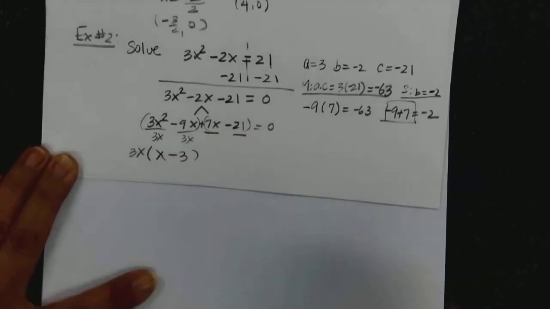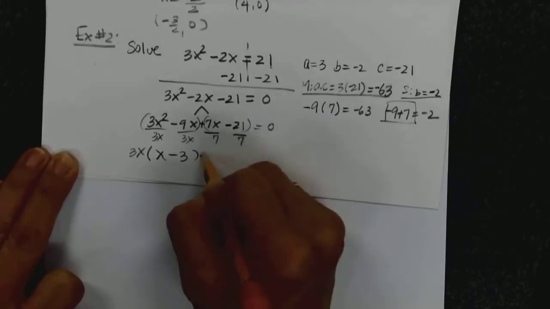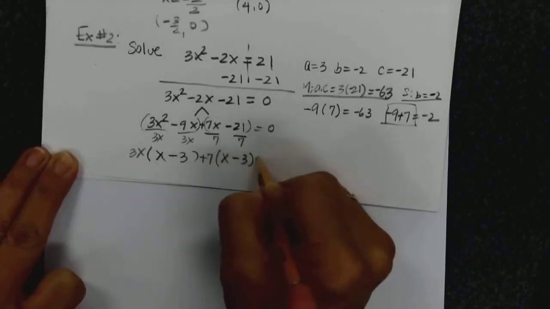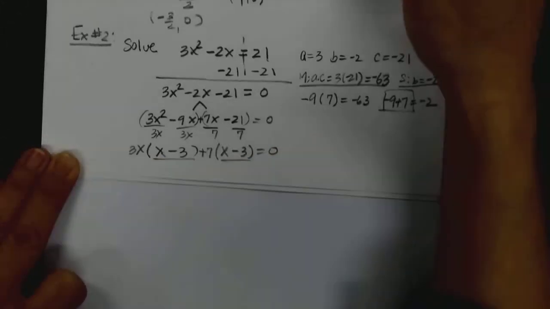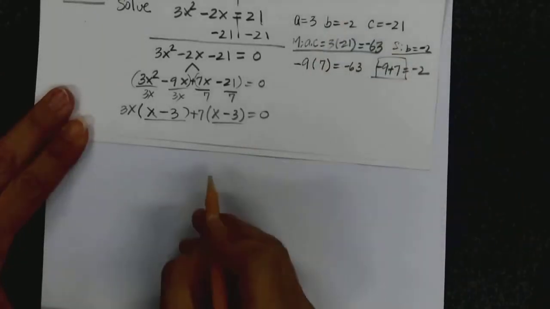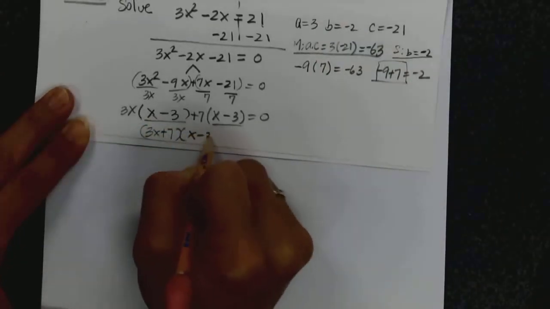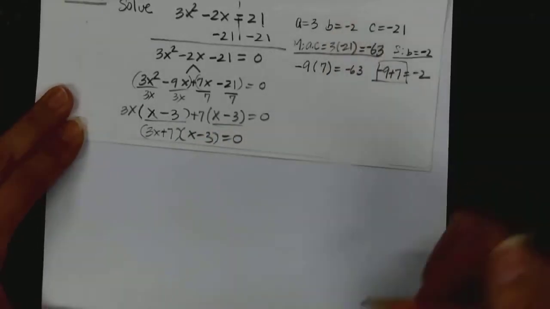And what's my greatest common factor between 7x and 21? 7. Plus 7 comes out, and then I get x minus 3. If you notice, these are exactly the same, so you know you did it right. So we factor one more time. I get 3x plus 7, x minus 3. Those are my factors. Now we're at what we did in example number 1.